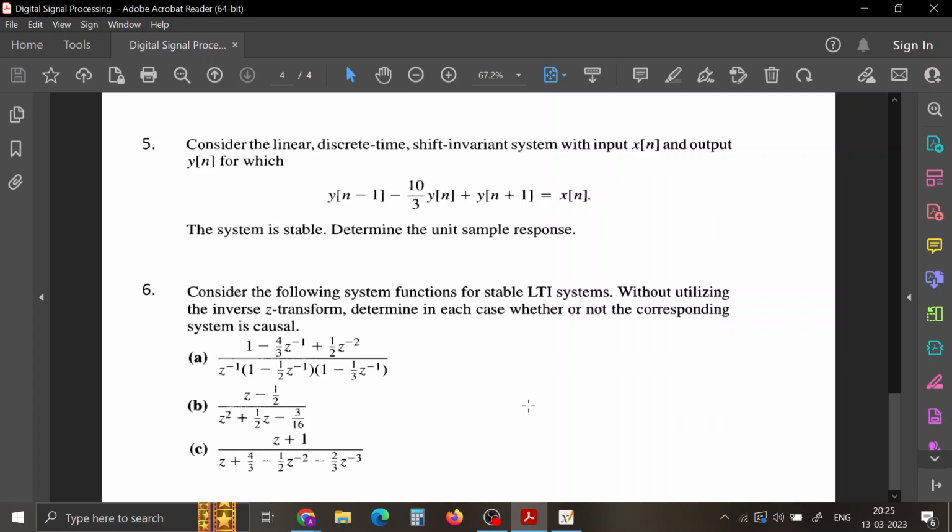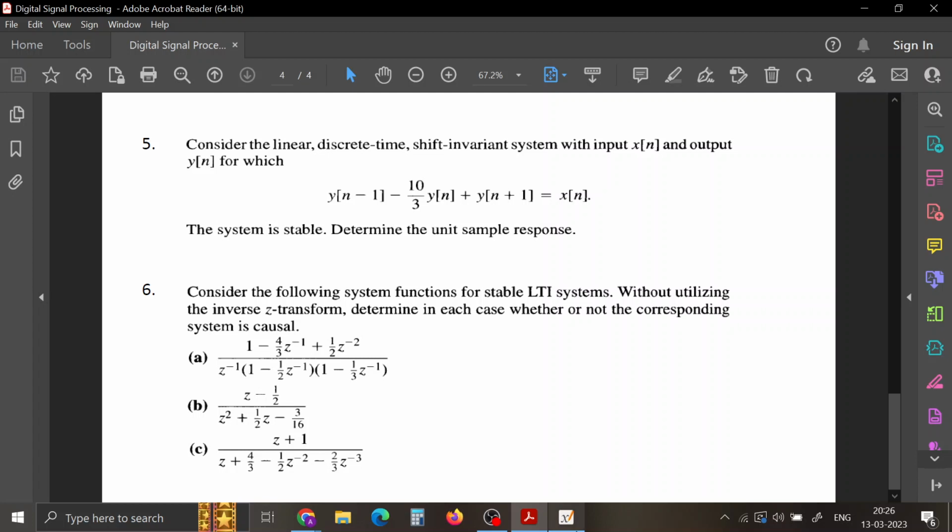So for a causal sequence, the poles of the Z transform should lie inside the unit circle for it to be stable, and for an anti-causal sequence, the poles should lie outside the unit circle for it to be stable. But here in this fifth question you don't actually need such concepts. Once you figure out H(z), you know the pole locations.